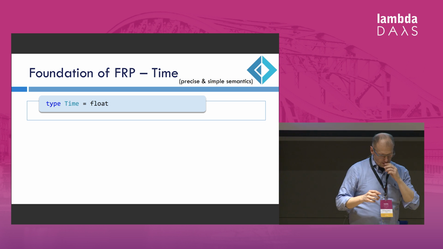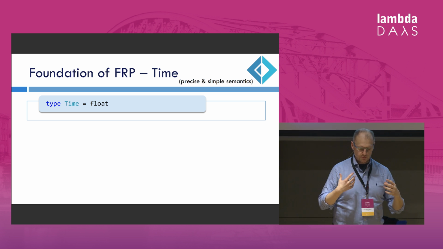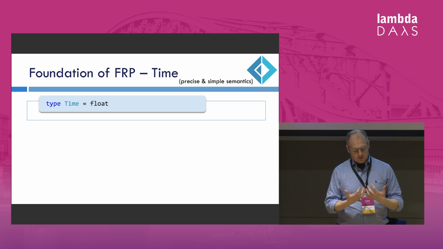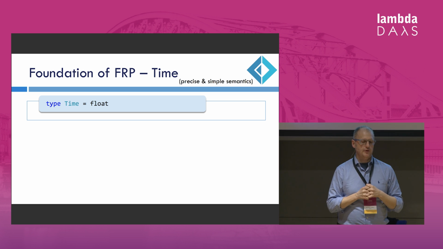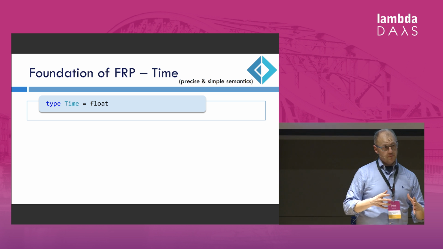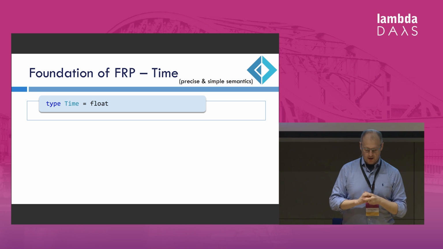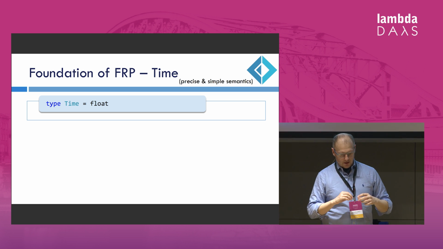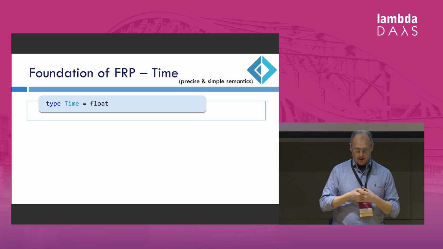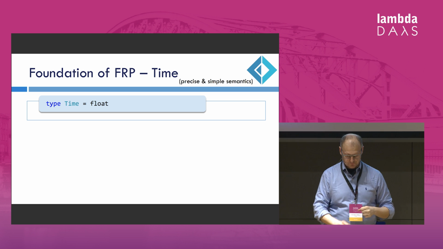The reason for choosing continuous time is that it provides a more composable and modular programming model, compared with the one that uses discrete time. I'm going to cover discrete and continuous time in the next slide briefly. But really, modularity is about modeling, and FRP achieves modeling through continuous time.